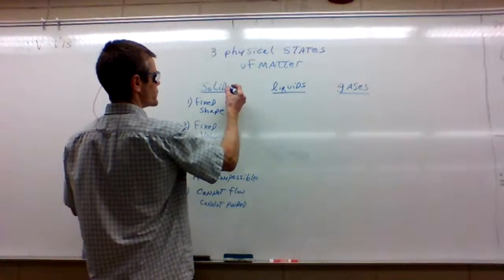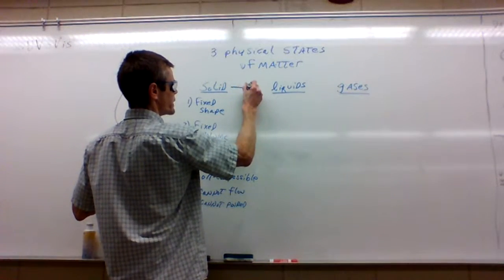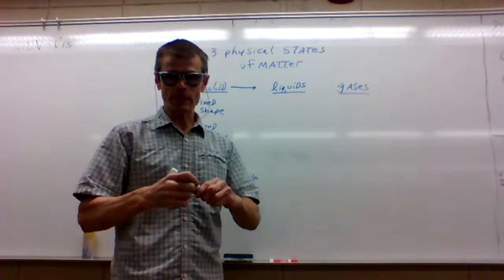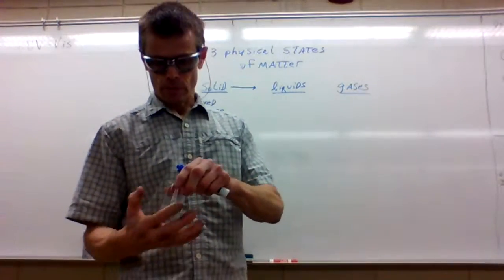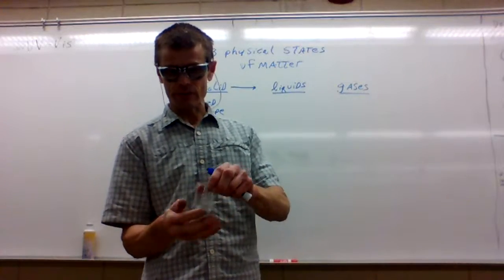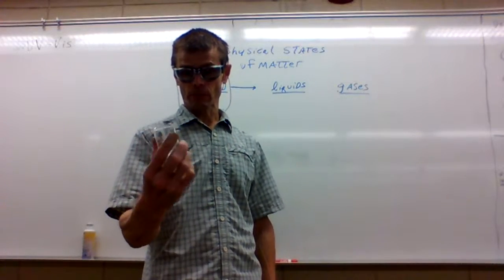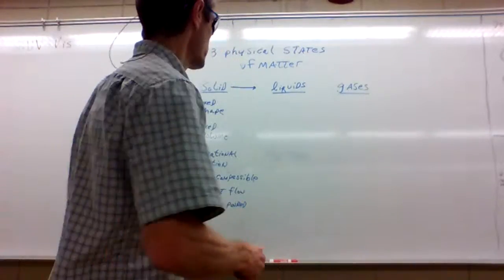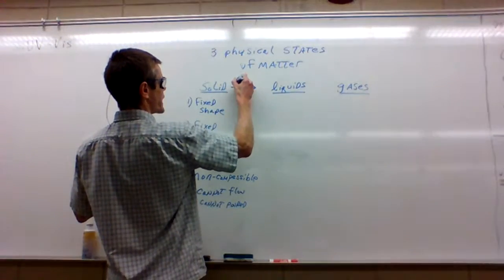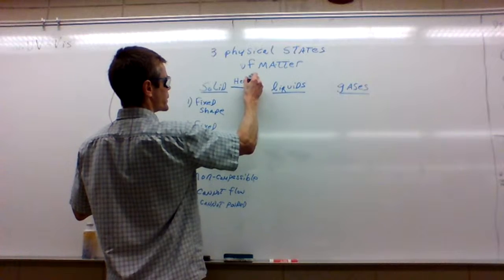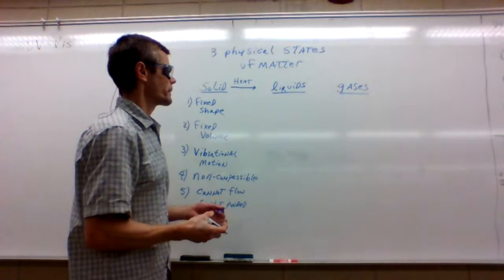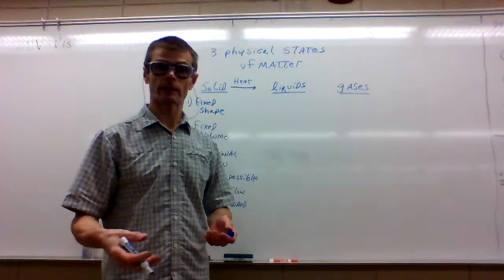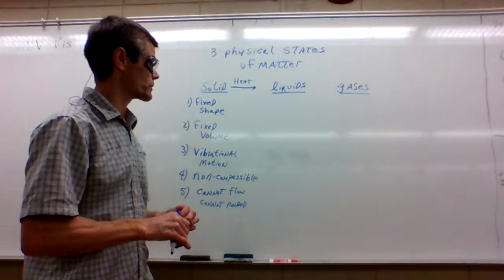And this is an example of a physical change. We have solid water that are ice cubes, and we add some heat to it. My hand, for instance, is about 98 degrees. It's almost gone now. It's all liquid. So if we heat it, we add thermal energy, and we encourage particle motion, and we can go from the solid state to the liquid state, and this is known as a physical change.